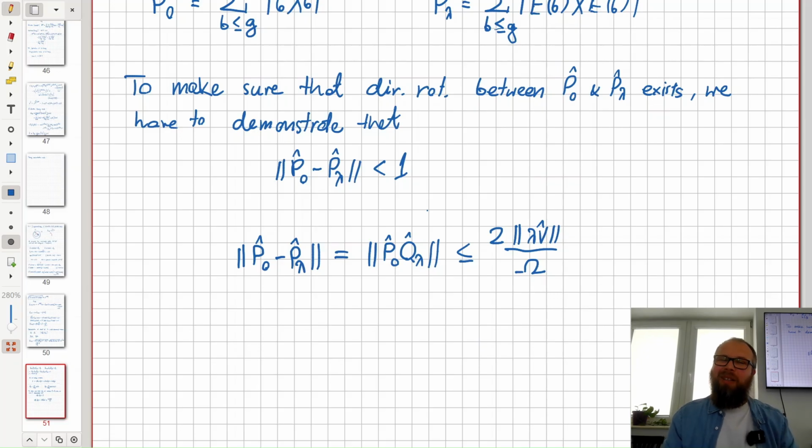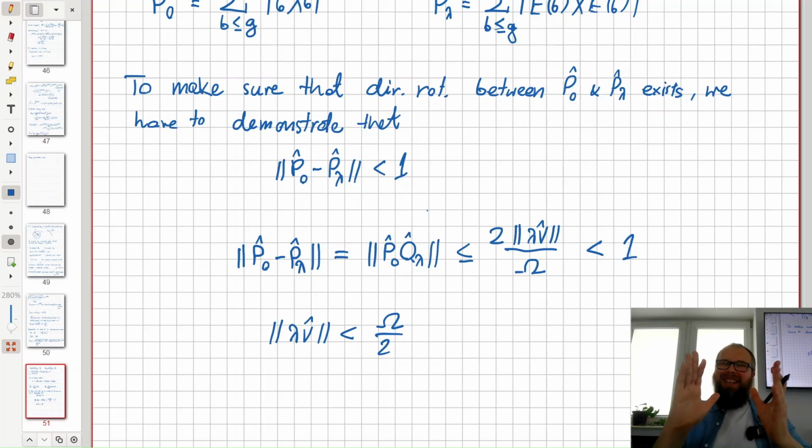So in order to fulfill our condition, this must be smaller than 1. So this is a constraint on how strong the perturbation can be with respect to the gap. If this is smaller than 1, then this means that lambda V must be smaller than half of the gap, which is something we already talked about.